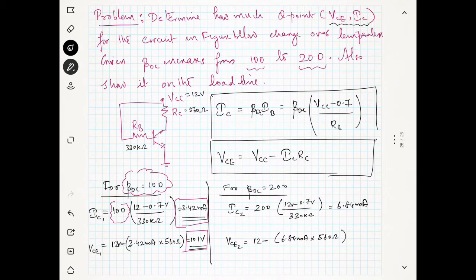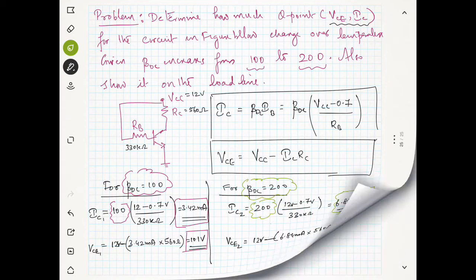This is 12 volt. So this is nothing but 8.17 volt. So you can see there is a significant change in the IC and VCE, which is significantly different from the old value.